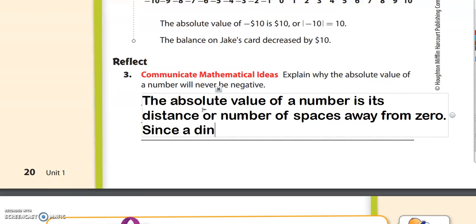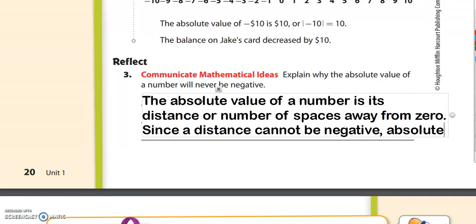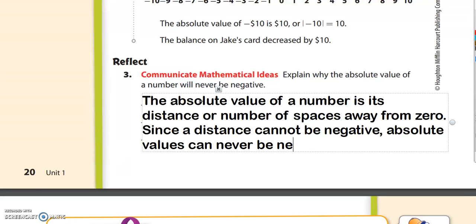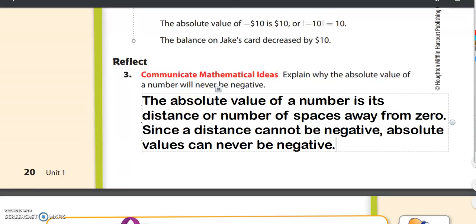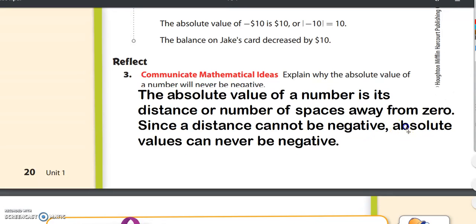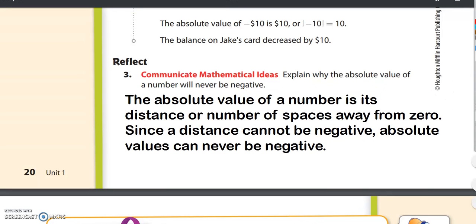Since a distance cannot be negative, absolute values can never be negative. Technically they can be 0, but other than that they're always going to be a positive integer or a positive number.